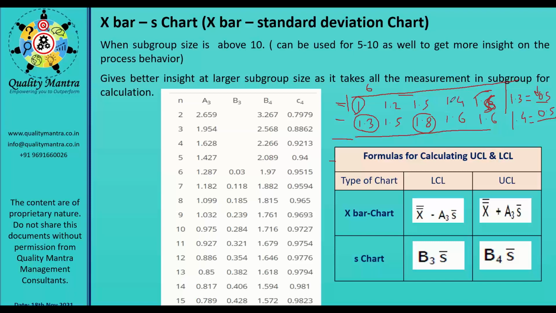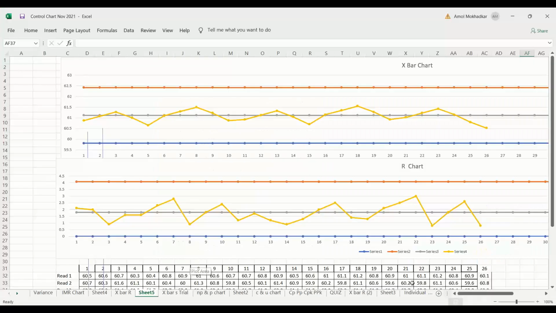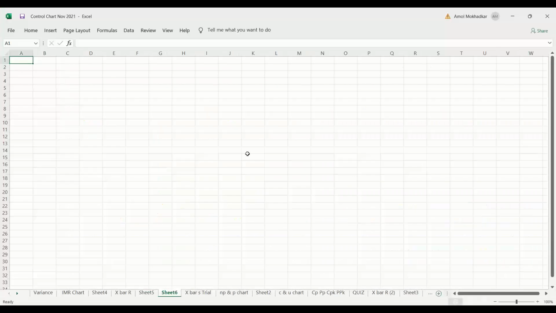So let us take one data set: 1, 1.2, 1.5, 1.4, 1.5, and another data set: 1.3, 1.5, 1.8, 1.6 and 1.6. So let us go to the Excel sheet and let us calculate quickly. It can be same, it may not be same, I don't know.